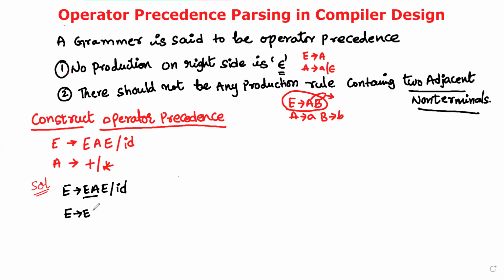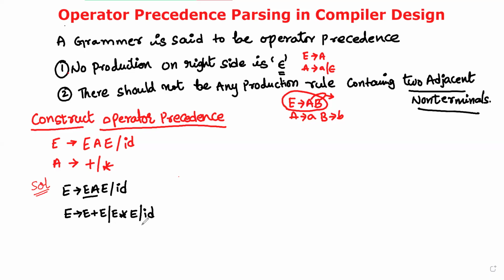They have given plus, so E plus E, and E slash E tends to, so instead of A I replaced plus, and instead of A I can write star. Then you can write E star E, and we already have ID. So now this is called operator precedence, because no two adjacent values are non-terminals.